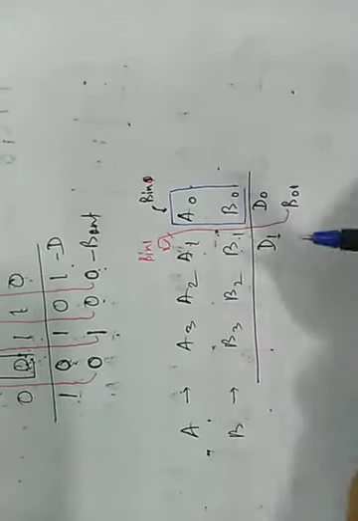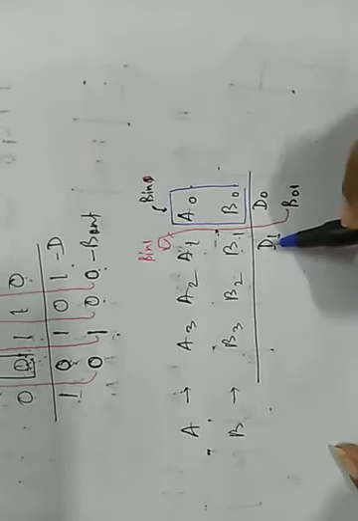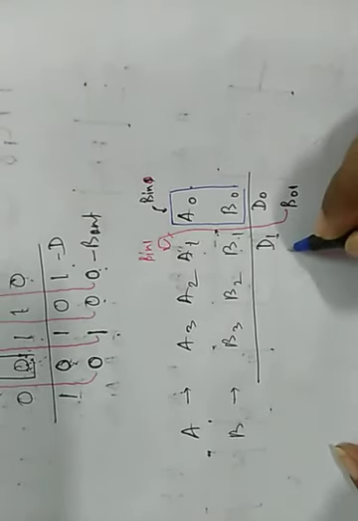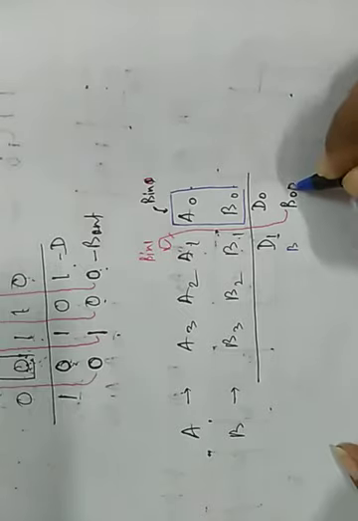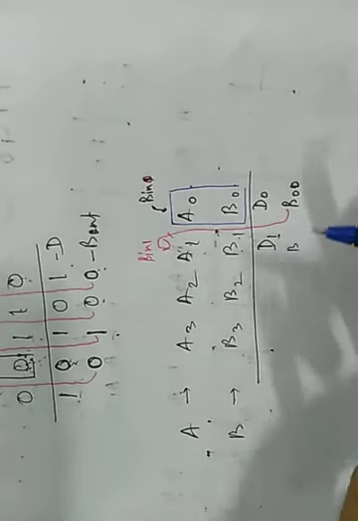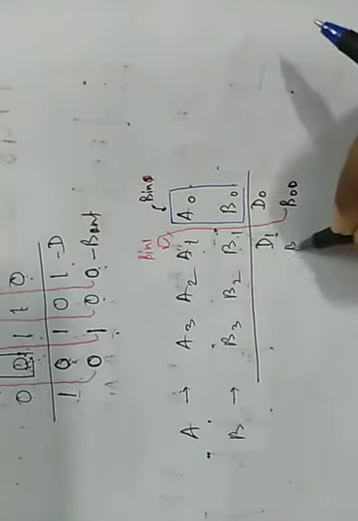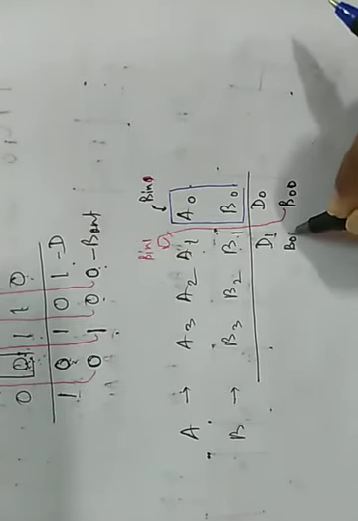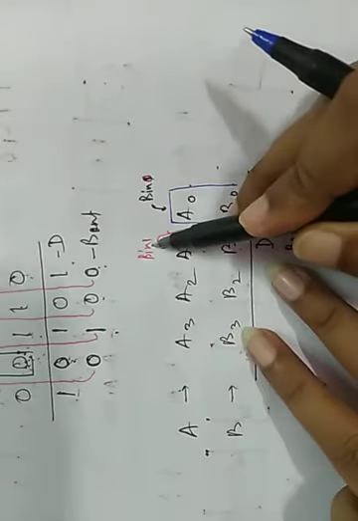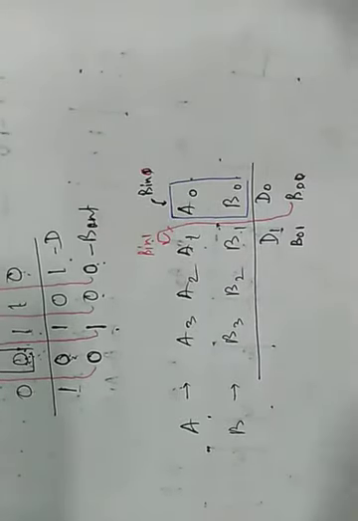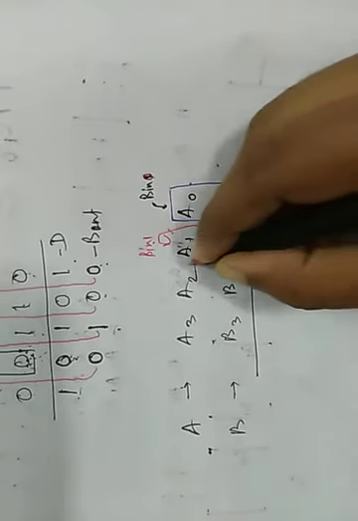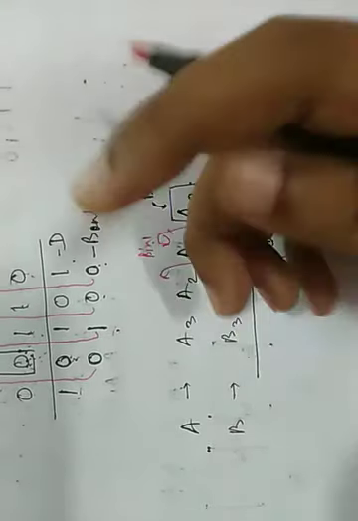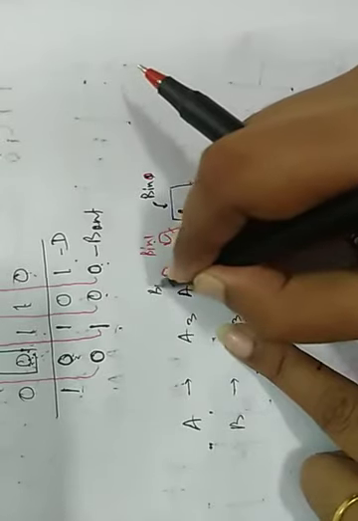Okay, so after subtracting we again get the difference D1. This is borrow out 0 and borrow out 1. That means borrow out 0 goes as borrow in 1 in the next step. Borrow out 1 goes as borrow in 2 in the next step.